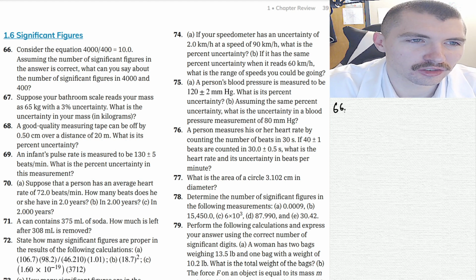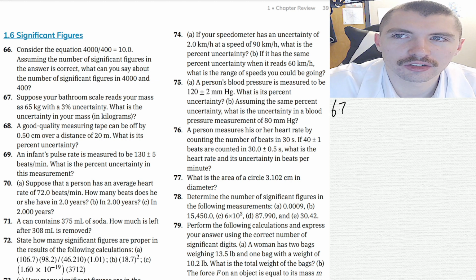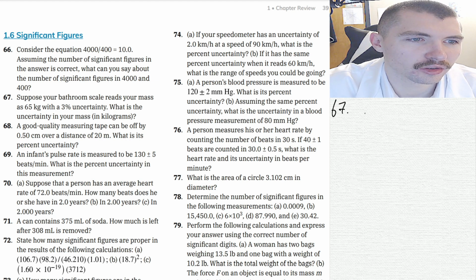Consider the equation 4,400 is 10. Okay, so they both have one significant figure. Okay, easy, 67. Suppose your bathroom scale reads your mass at 65 kilograms.